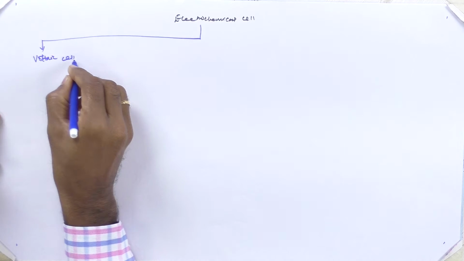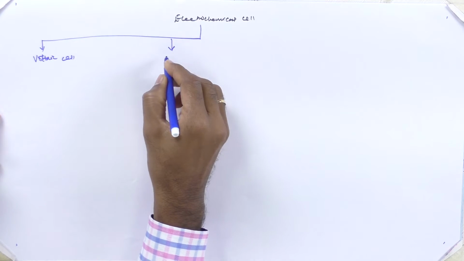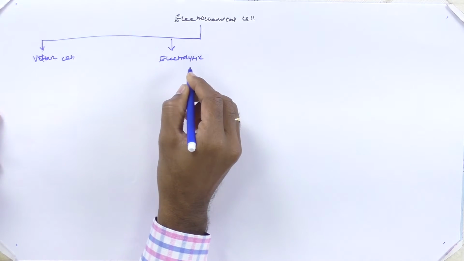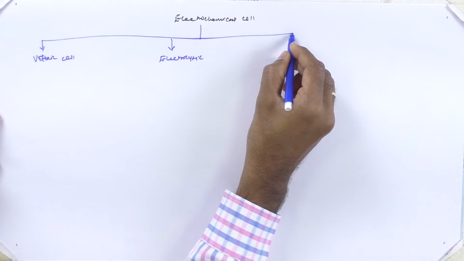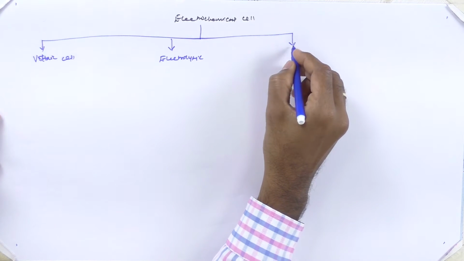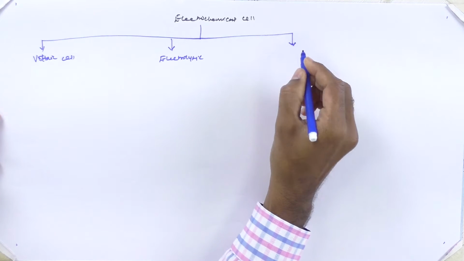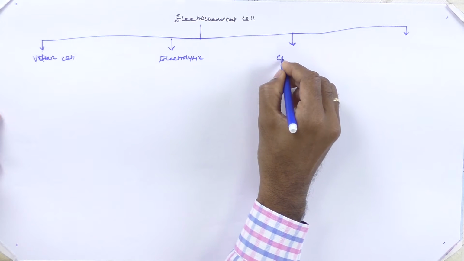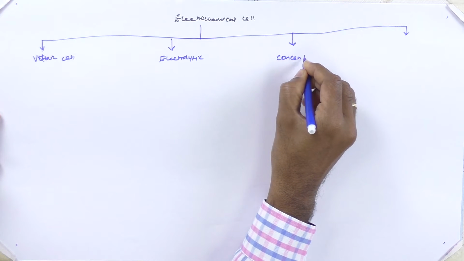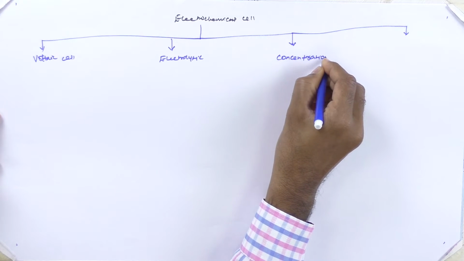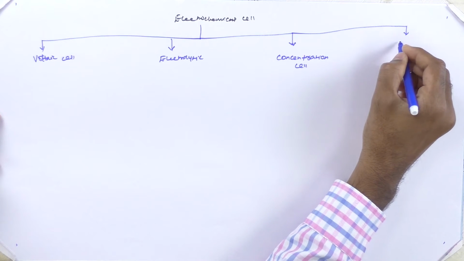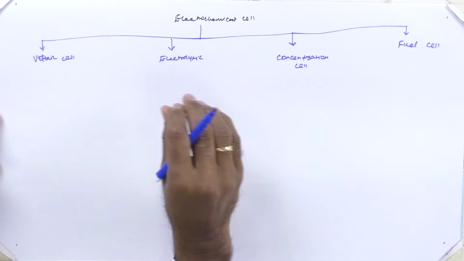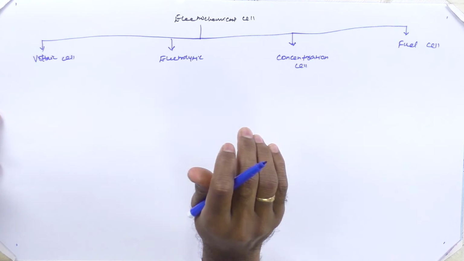The second is the electrolytic cell. The third category is the concentration cell, and the fourth one is called the fuel cell. Alright, so these four are the classification of electrochemical cells.